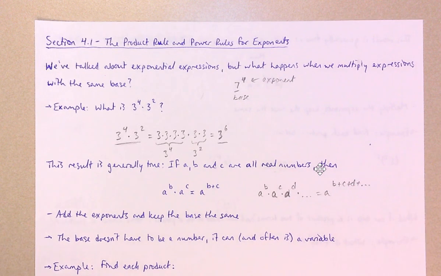So it doesn't matter how many exponential expressions you multiply, as long as the bases are the same, you just add those powers. And the bases don't even have to be numbers. They can, and often are, something that contains a variable.